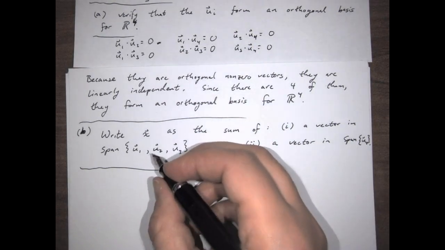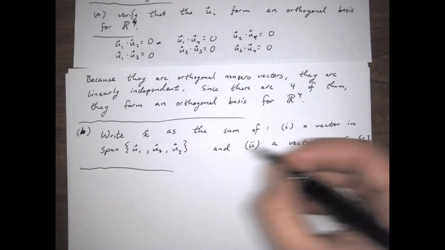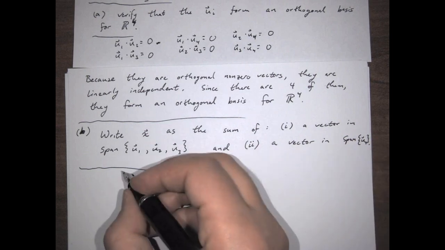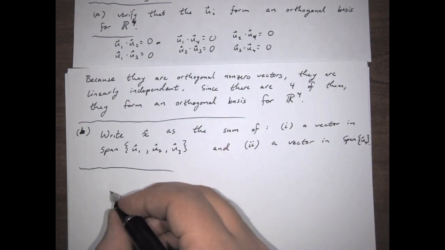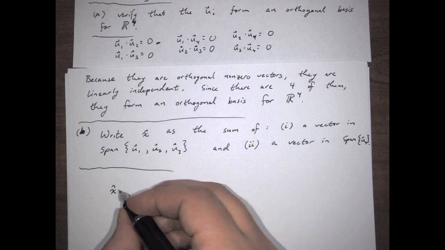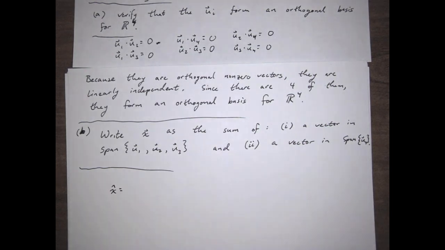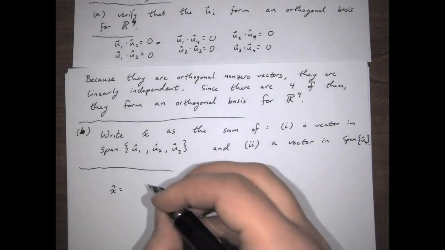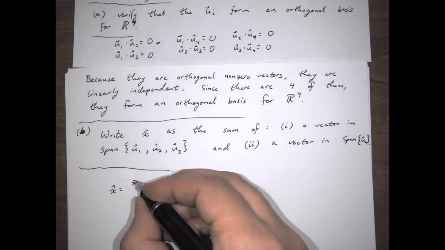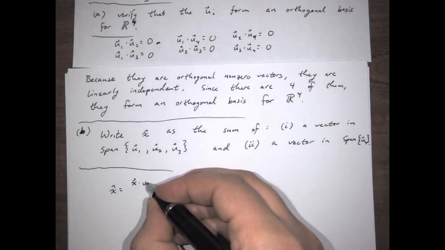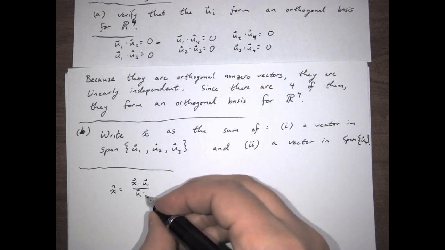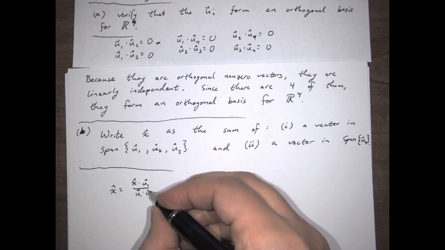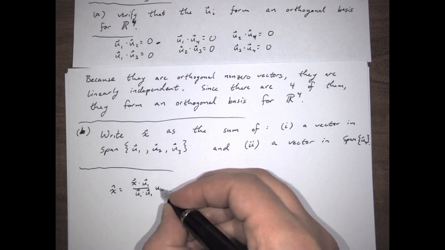So this would be basically decomposing it into x hat and then z, which is left over on here. But we can make these in the format that is basically the exact same thing that we wrote up there. So this is going to be x dot u1 over u1 dotted with itself. And that's times u1.